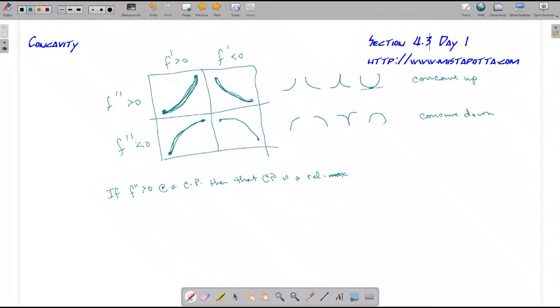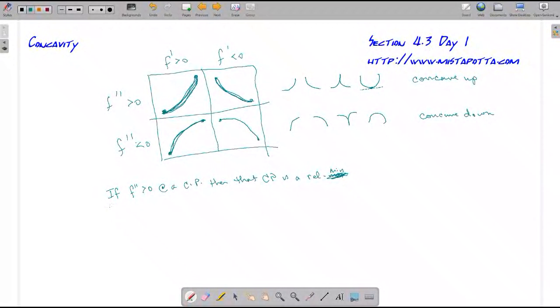Excuse me, not max, min. If I'm concave upwards and I have a critical point, in other words, the tangent is 0, then that has to be a minimum in order to have this upwards curve.